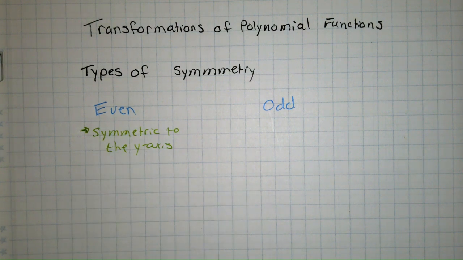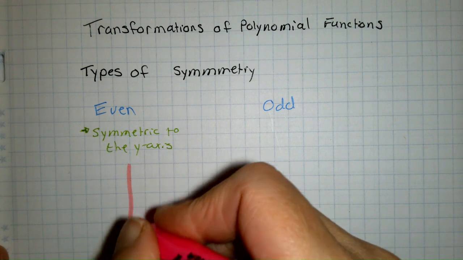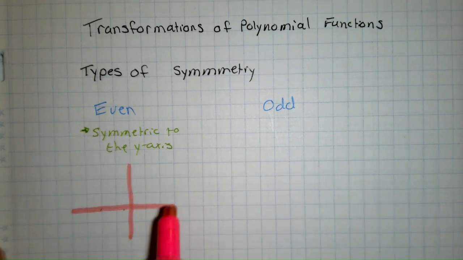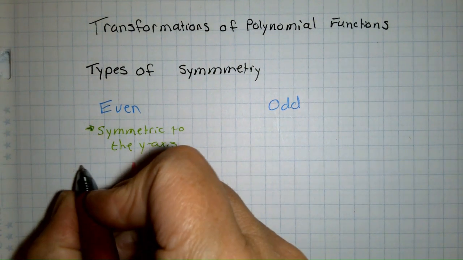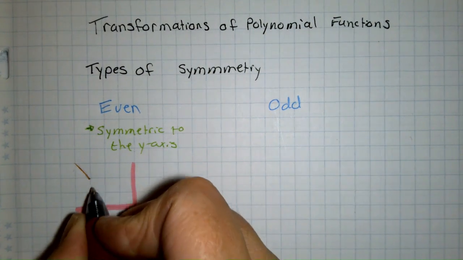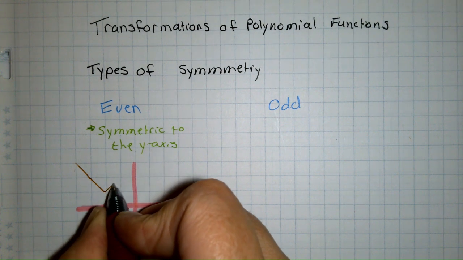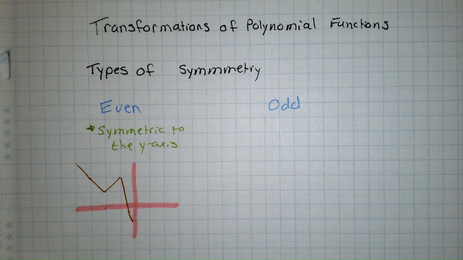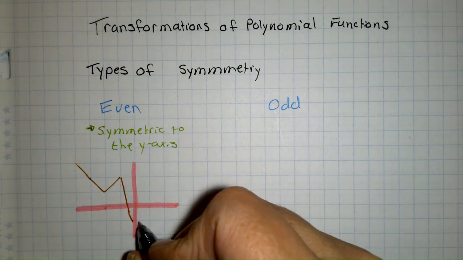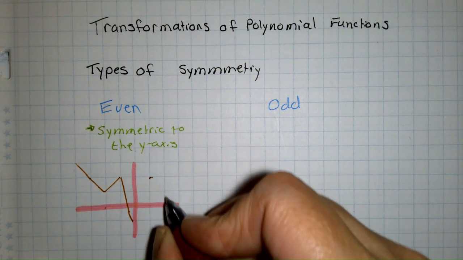So what that's going to look like whenever you draw a graph, and I'm going to do kind of a messed up one. So let's say we have that on the left, then we're going to have to match that on the right.